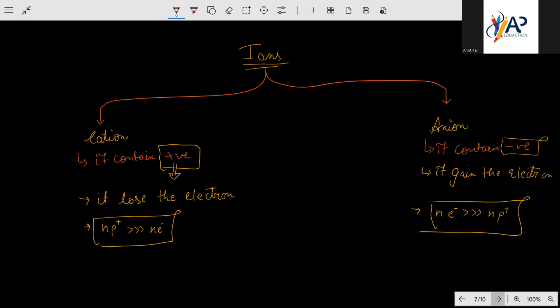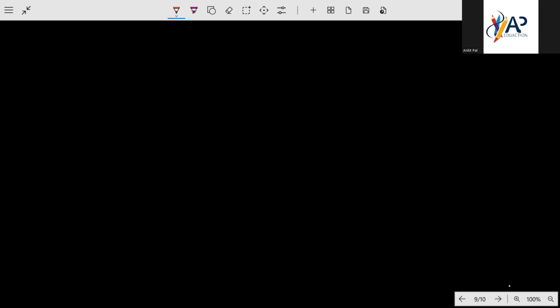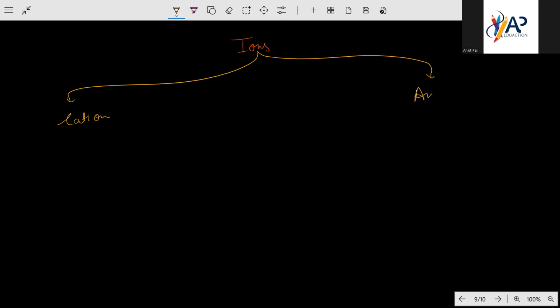Now we further discuss ions. We know that there are two types of ion, cation and anion, right? Suppose I have an atom.